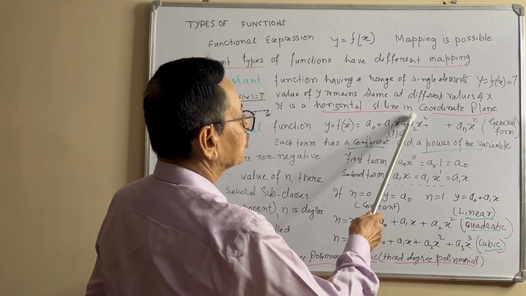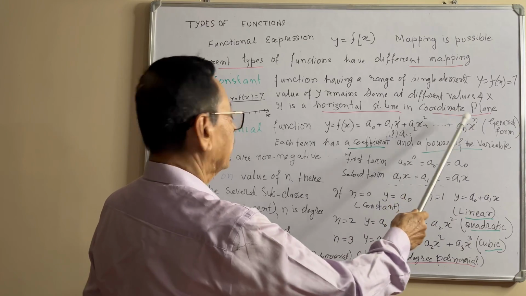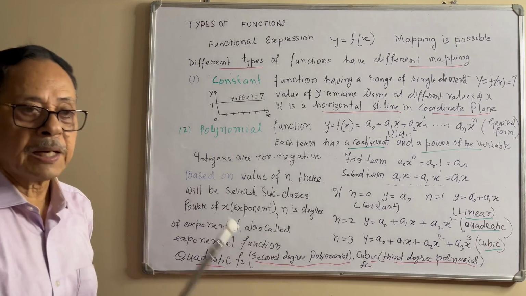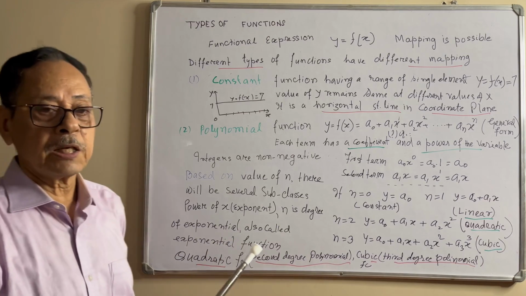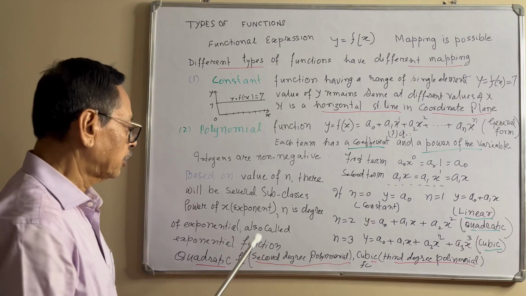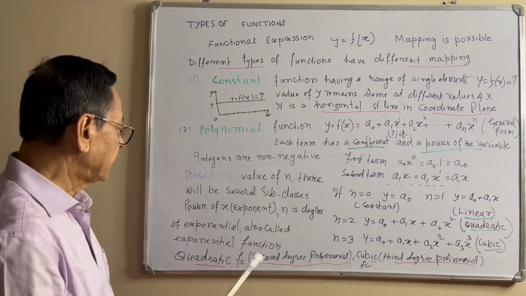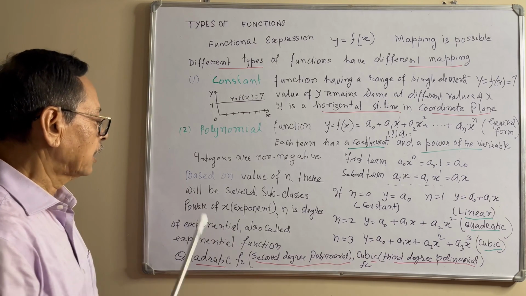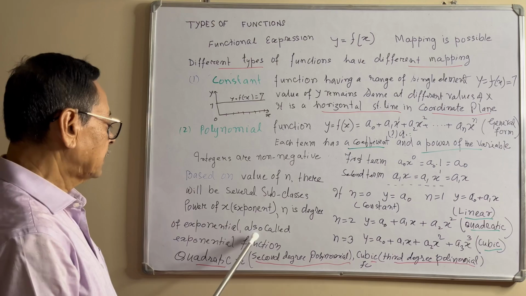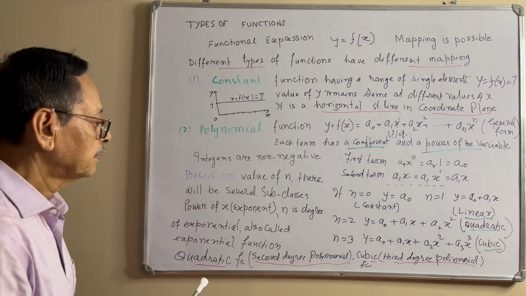So x square, x4, and so on up to x to the power n are known as exponents. That's why sometimes we also call it a power function or exponential function, and n is the degree.